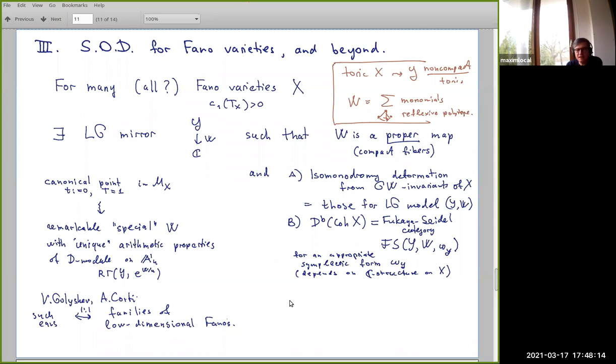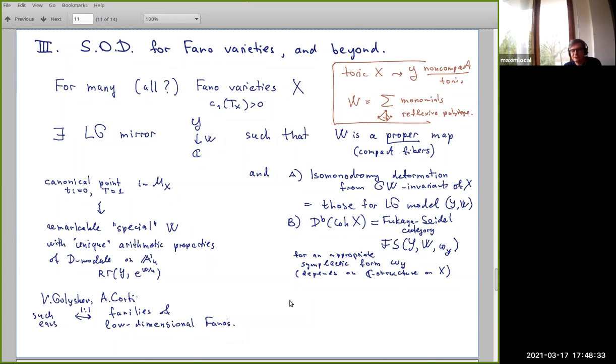And the relations with my original variety are of two types. So first, as I told you, this isomonormal deformation coming from Gromov-Witten invariants for X is the one from this Landau-Ginzburg model.